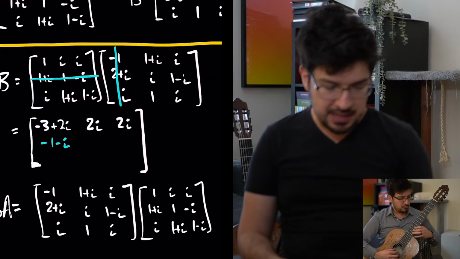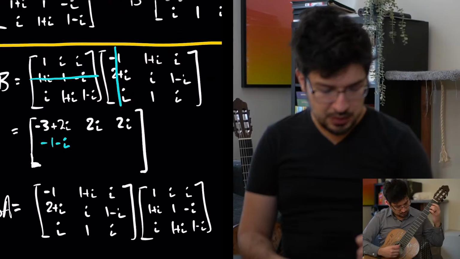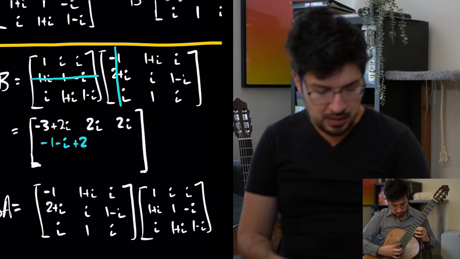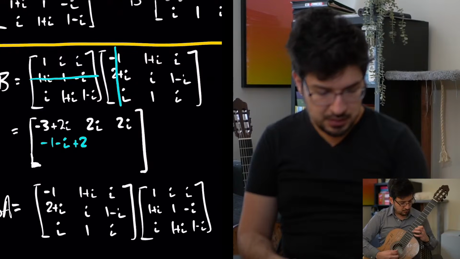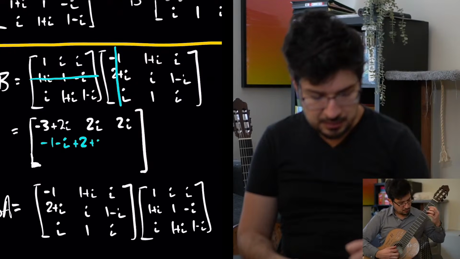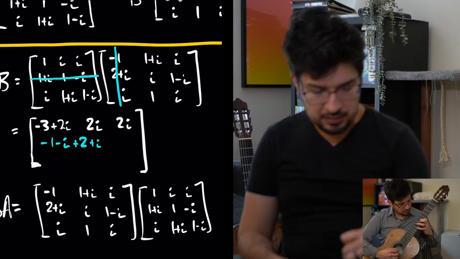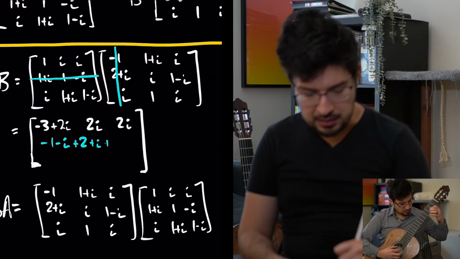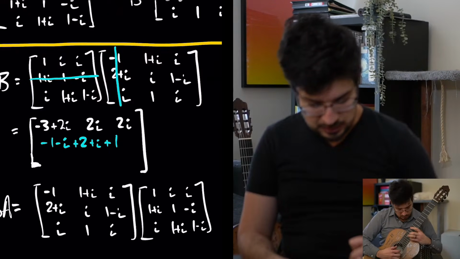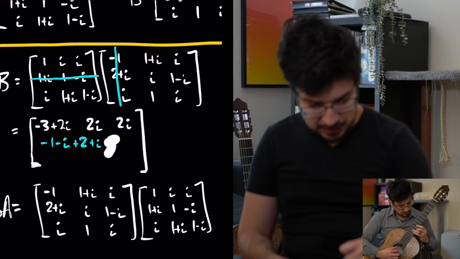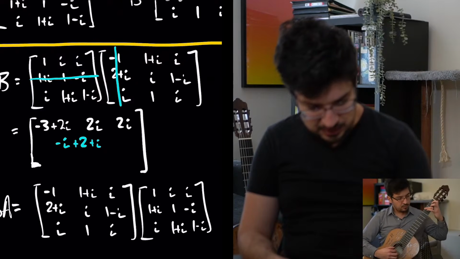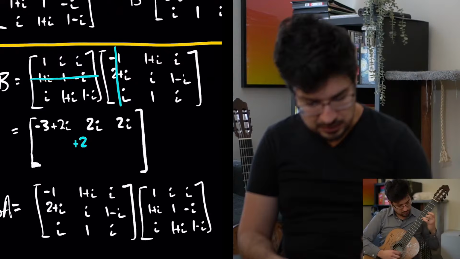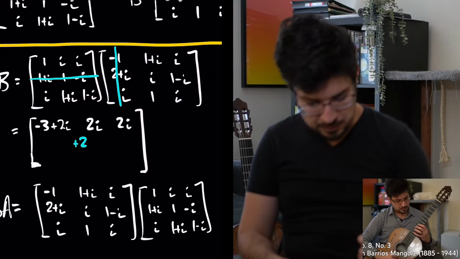Minus 1 minus i, plus 2, plus i, and minus i squared, which is plus 1. So plus 1 and minus 1 cancel out. Minus i and plus i cancel out. So we're left with 2.